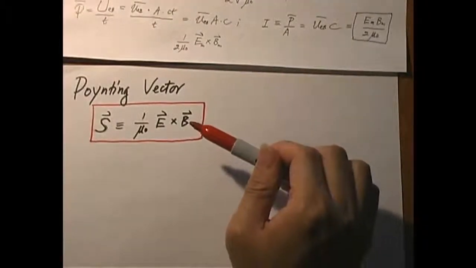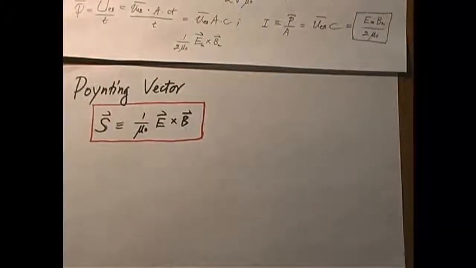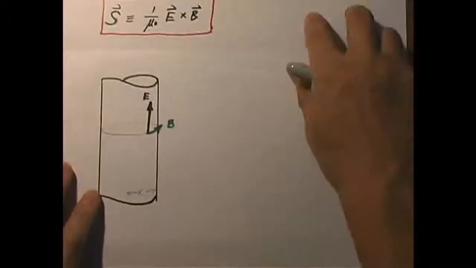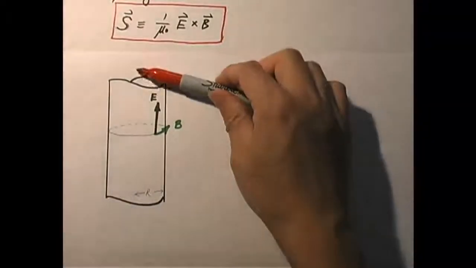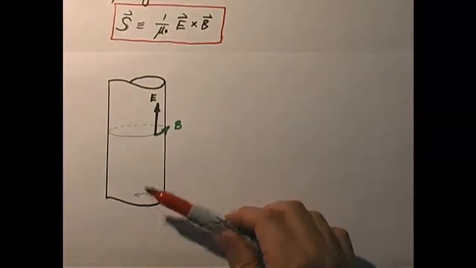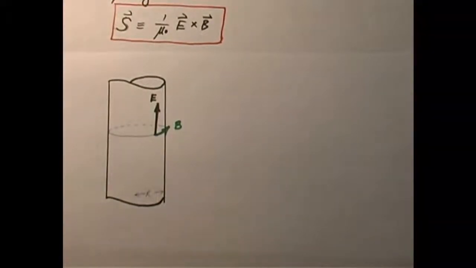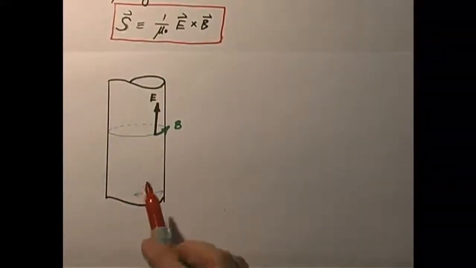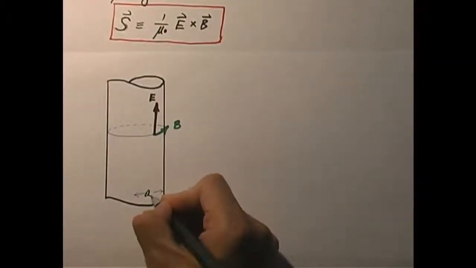Again, this is valid whether or not you have an electromagnetic wave. As a matter of fact, to illustrate that, we're going to take a closer look at an old problem that we saw some chapters ago. Suppose you have a long straight wire which carries a current I. The current flows this way, from down to up, and it's got a radius R. Actually, let me call it radius A because I don't want to confuse it with the resistance.